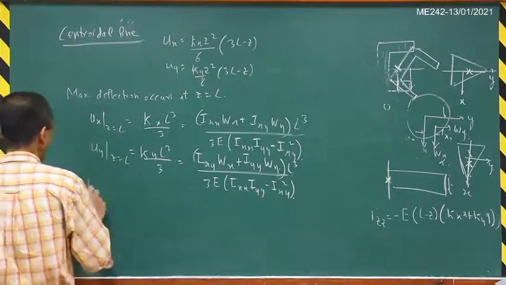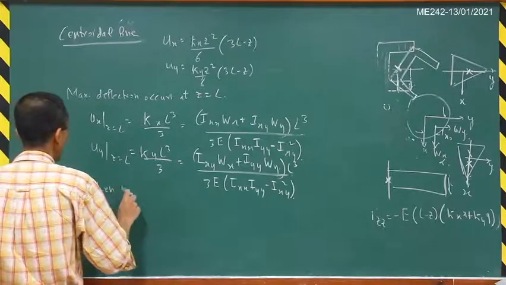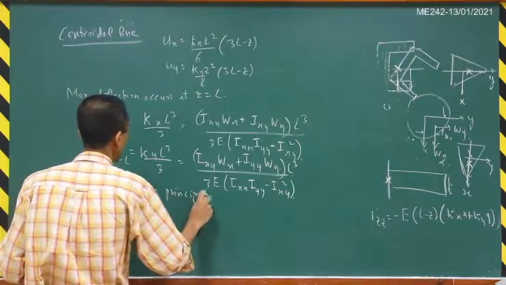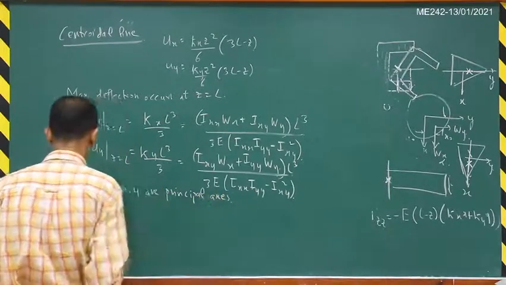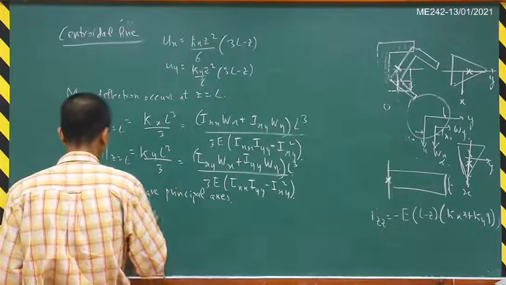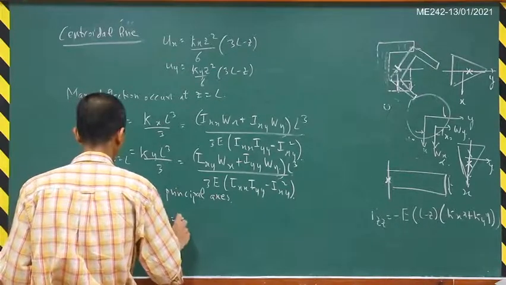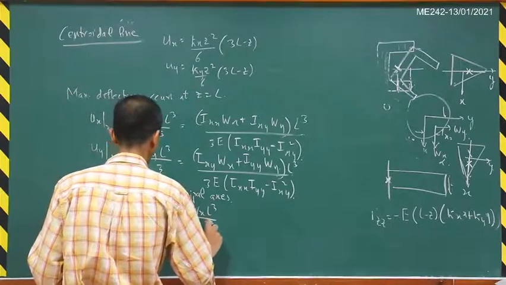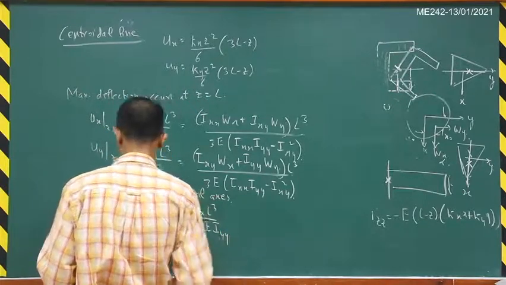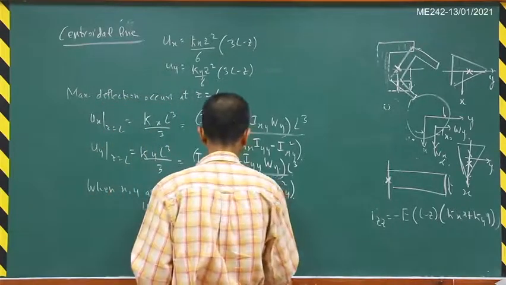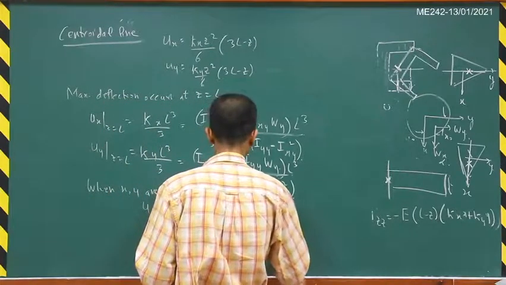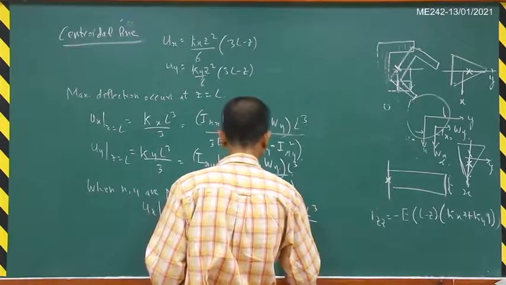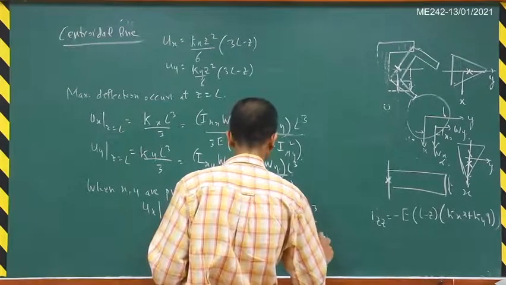So when x and y are principal axes, then you will get that ux at z equal to L is equal to wx L cube divided by 3e I yy, and uy at z equal to L is equal to wy times L cube divided by 3e I xx.